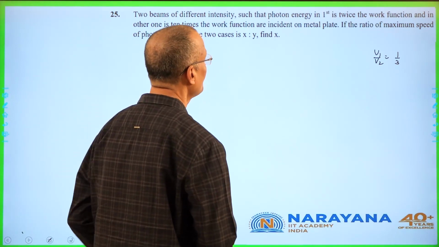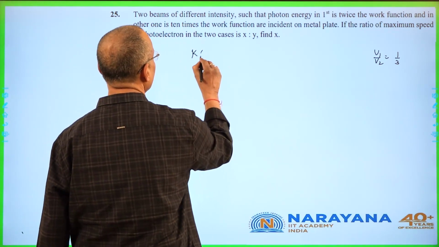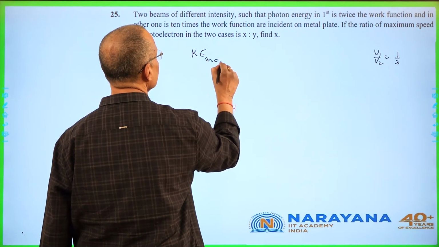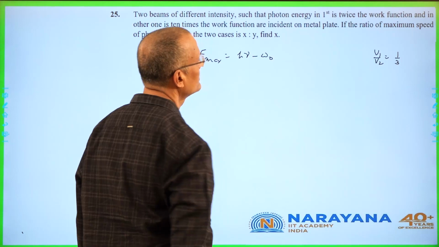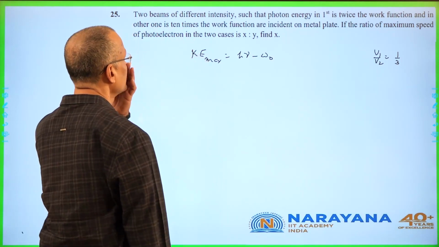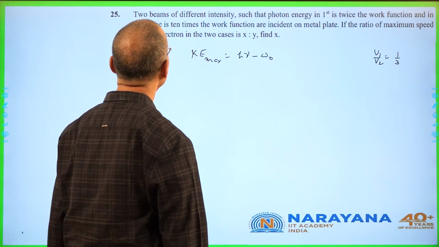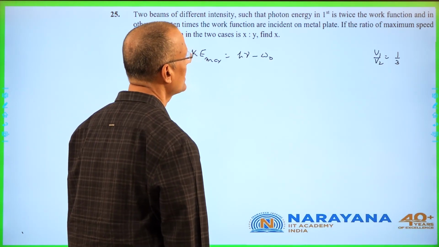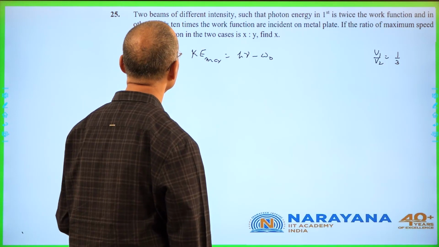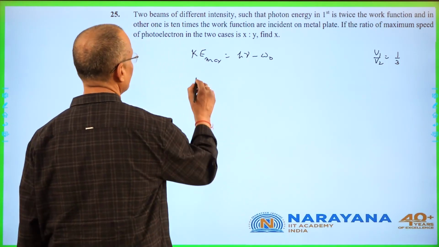So you will have to go for kinetic energy. Kinetic energy max is h nu minus W naught. They have given photon energy in first is twice the work function, in other one 10 times the work function.